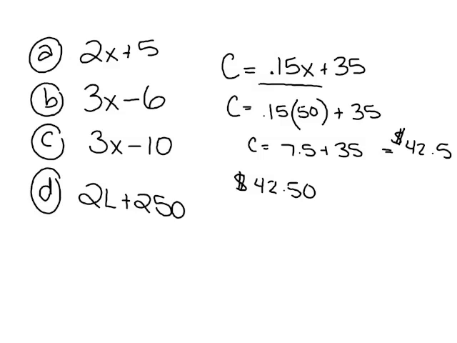What should I do? Alright, what's my cost per mile then? So 50 goes into 42 0 times. 50 goes into 425 8 times. And then 250. So 85 cents a mile.